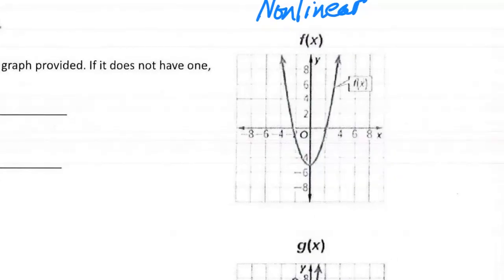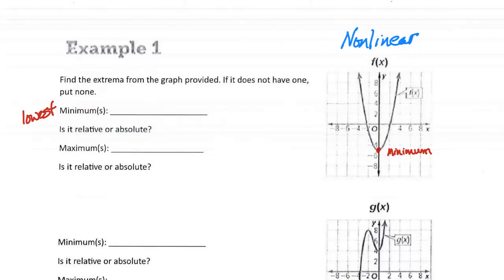Yes. That lowest point is right here. We would call that the minimum. What is the value of that point? What are the coordinates of that point? That is correct.